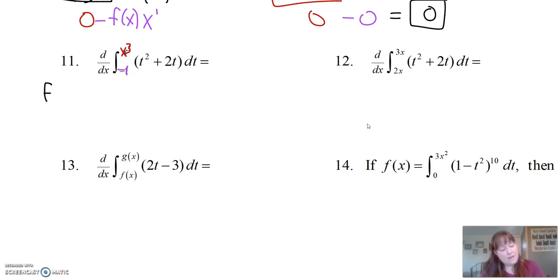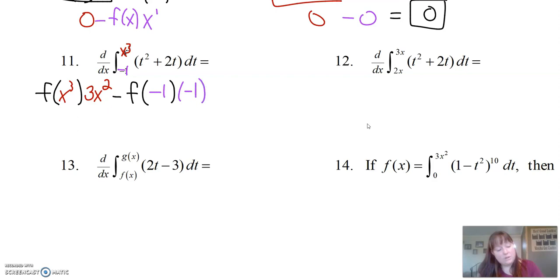So we have f of x cubed times the derivative of x cubed, which is 3x squared, minus f of negative 1 times the derivative of negative 1, which is 0.